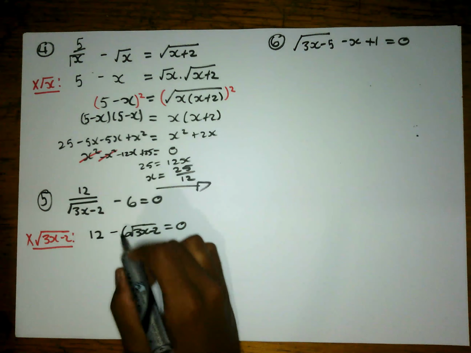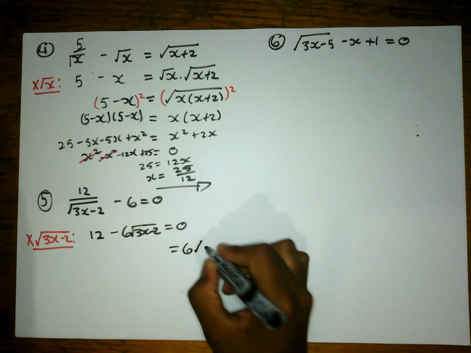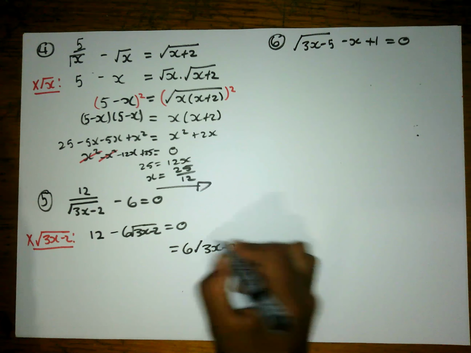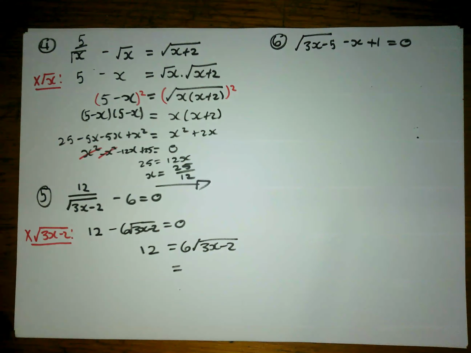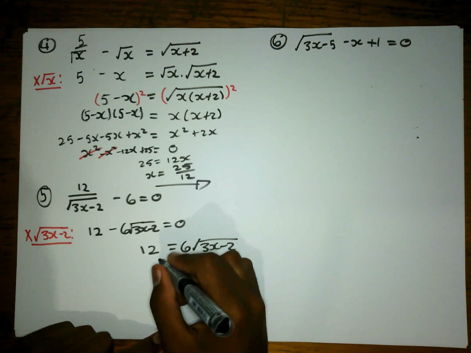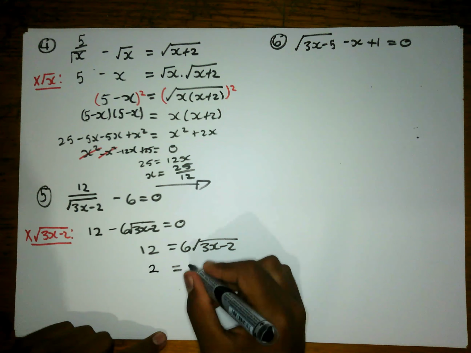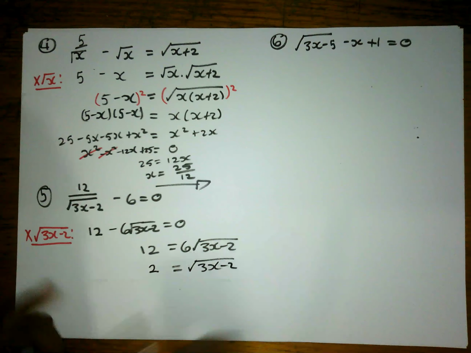Okay, now we bring over this. It becomes 6 times the square root of 3x minus 2 over 12 equals. Okay, what do we do now? Now we can actually divide by 6, and then we are left with 2 equals the square root of 3x minus 2.